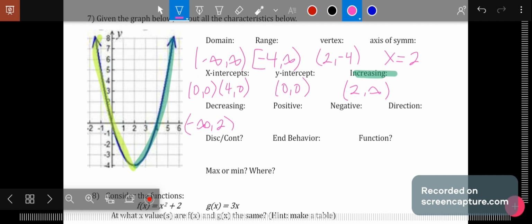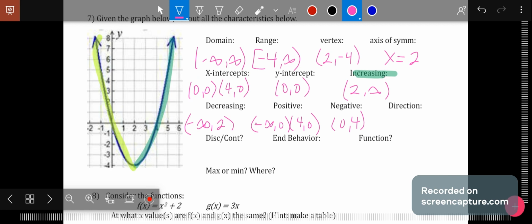It's positive, which means above the x-axis in two places. That is from -infinity to 0, and also from 4 to infinity. This only has one negative section, and that comes from 0 to 4.